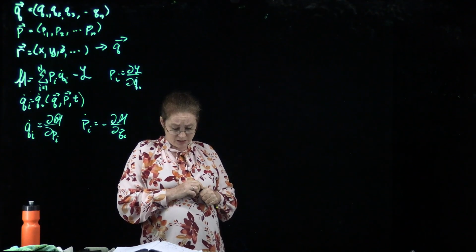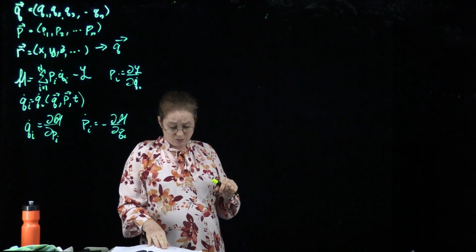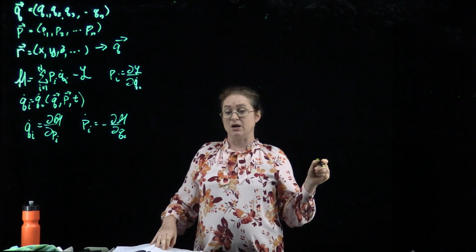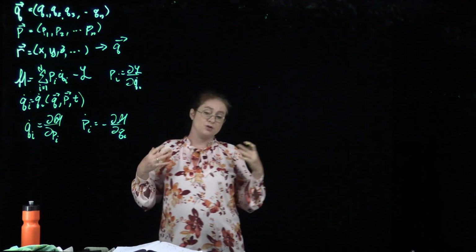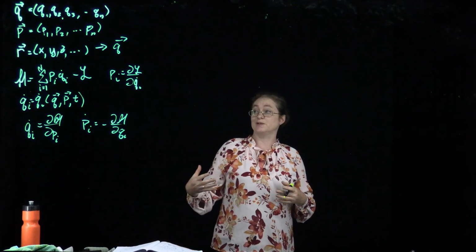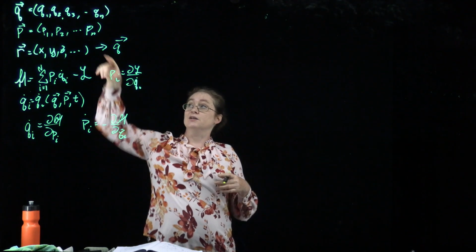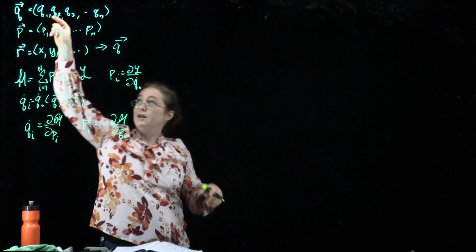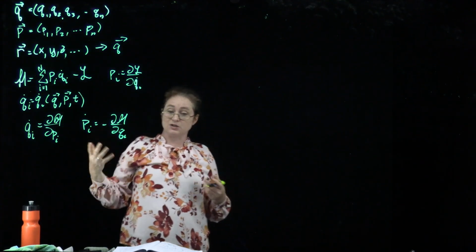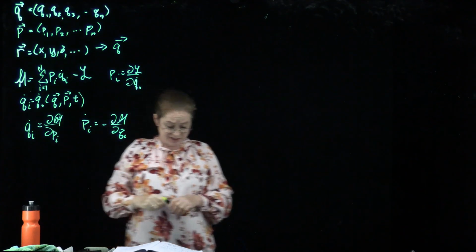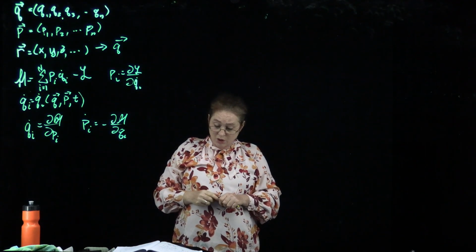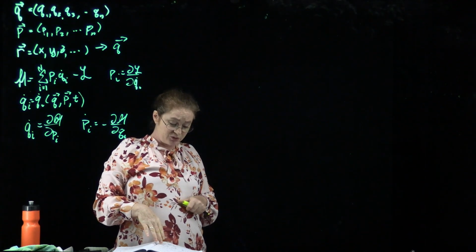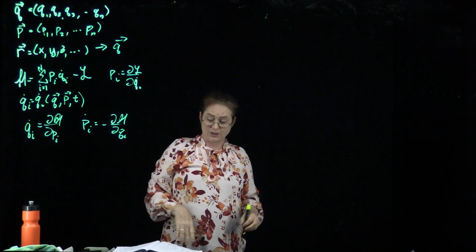And then we can look at the possible time dependence of the Hamiltonian. The Hamiltonian can depend on time explicitly, either because the coordinates, the q and p, the phase space itself, depend explicitly on time, or because the Hamiltonian can have an explicit time dependence.